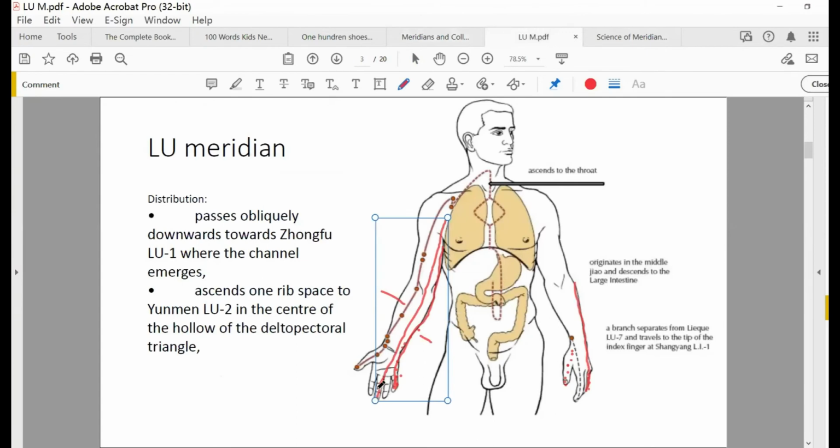So this one, do you think this one is PC or TE? Take a look.